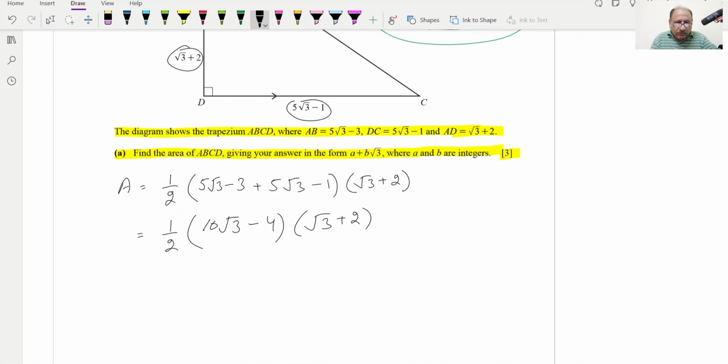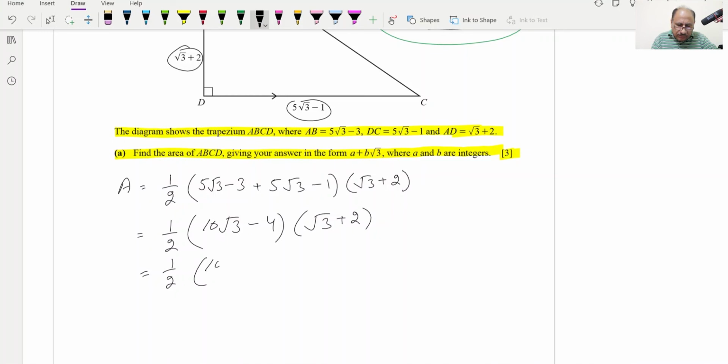We'll copy. Now we can multiply 1 by 2 as it is, and 10 under root 3 will be multiplied by under root 3, and 10 into 3 will be 30.